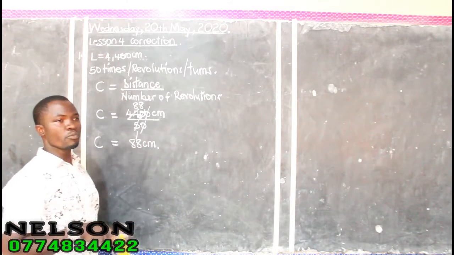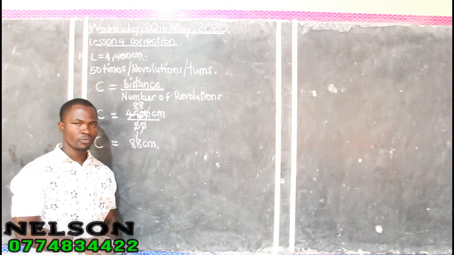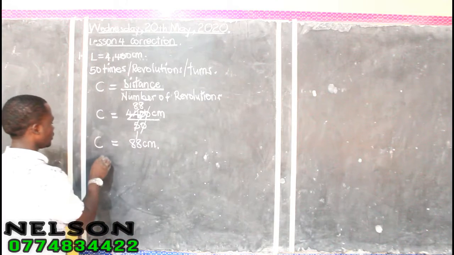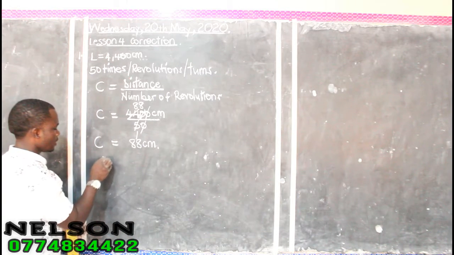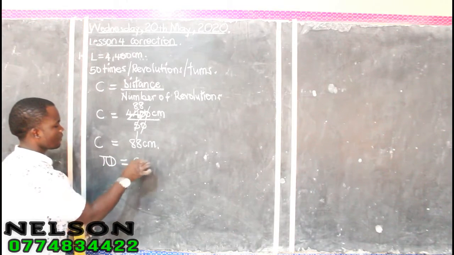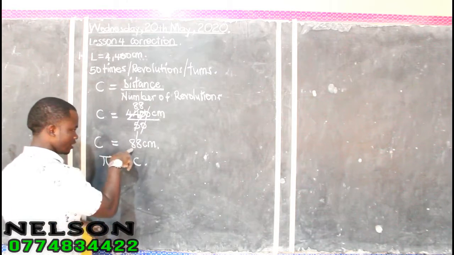How do we get the diameter of that tin? We shall again bring the formula for circumference of the circle when diameter is given. So we shall have pi d equals circumference. Why are you putting circumference this way? Because the circumference is given.